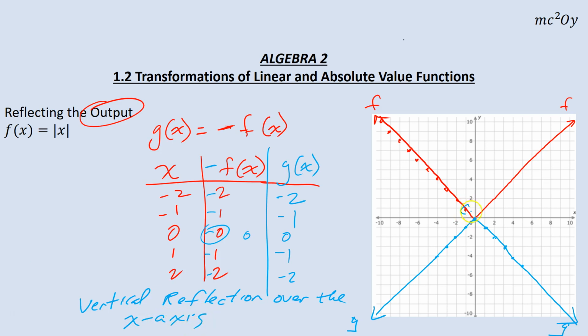So all these points, since it changed vertically, moved downward. They just flipped over the x-axis. What was up here moved down. All right, so it's a vertical reflection over the x-axis. We know it happened to the output, so it happened on the outside, and that affects us vertically.